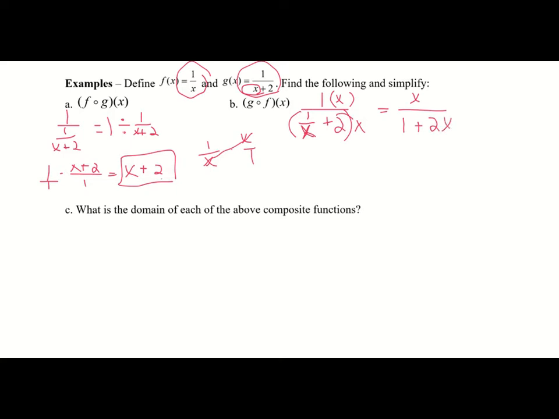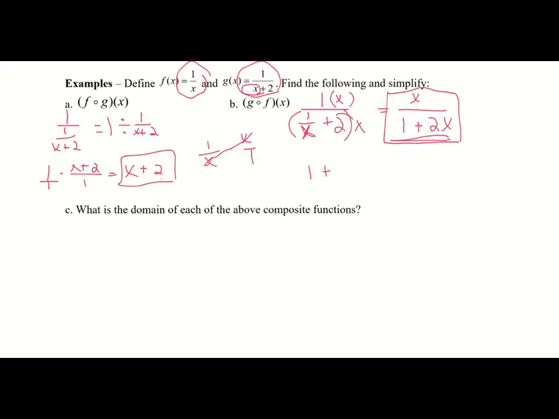And here, we don't have a radical, so we don't have anything we can do to simplify it. We do have to worry about the domain here because we have an expression on the bottom. And so the domain here, remember when you have a fraction, you can't have that denominator equal to 0.